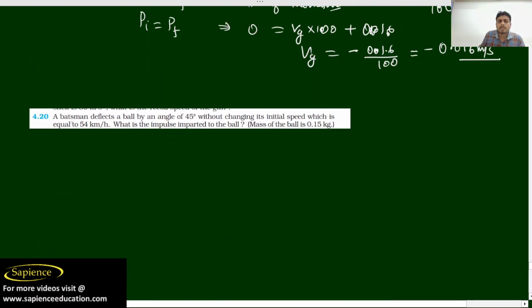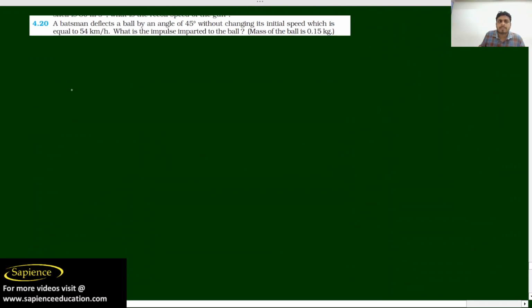Now I will solve the next question, that is the batsman. A batsman deflects a ball by an angle of 45 degrees without changing its initial speed, which is equal to 54 kilometer per hour. What is the impulse imparted to the ball? Let this be a bat.